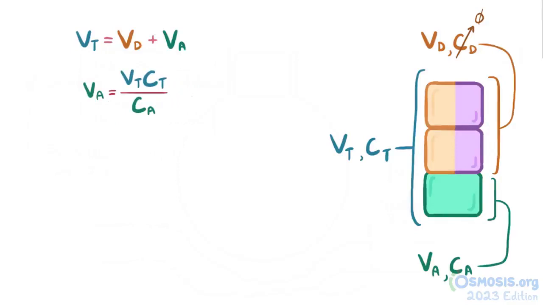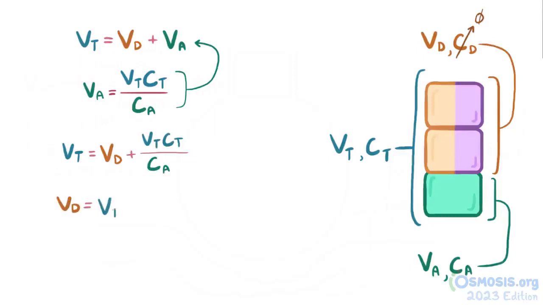Now that we have Va, we can substitute that in our original equation, and we'll end up with the tidal volume equals the volume of the dead space plus the tidal volume times the concentration of the tidal volume over the concentration of the alveoli, which can be rearranged to be the volume of the dead space equals the tidal volume minus the tidal volume times Ct over Ca, which is also equal to the tidal volume times the quantity 1 minus Ct over Ca.